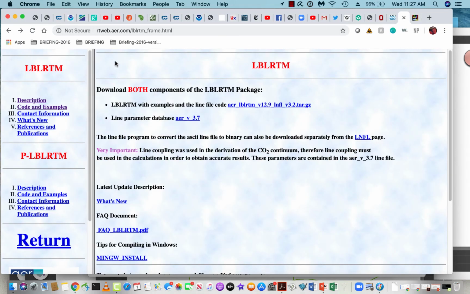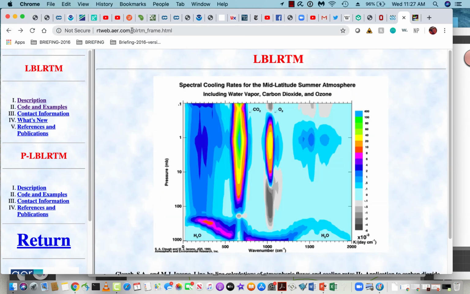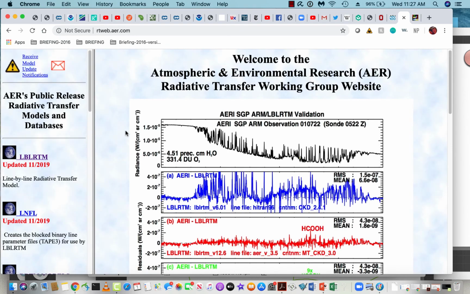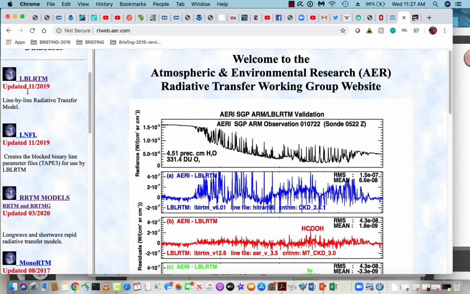So if we go back to the home page for these people, at the AER, over on the left-hand side, you'll see the products that they offer. The line-by-line radiative transfer model. And then down here, we've got the RRTM rapid radiative transfer models.